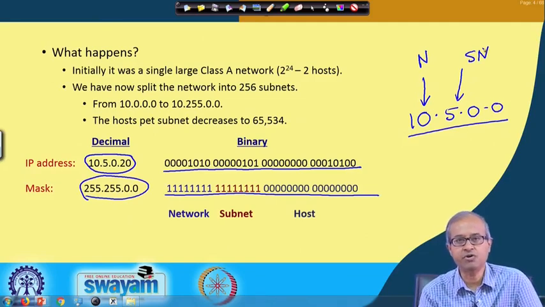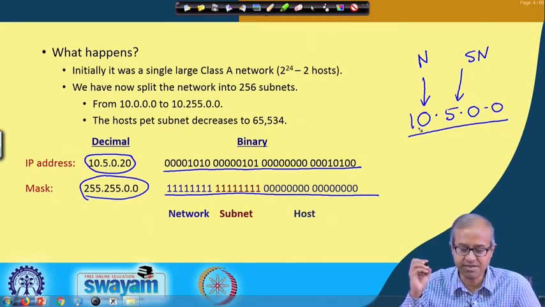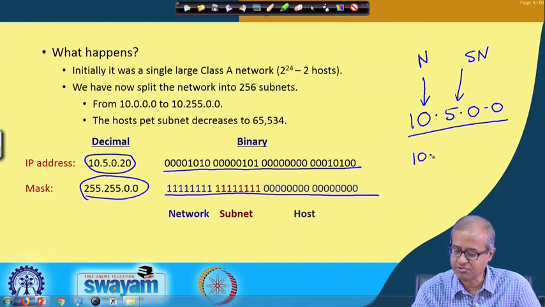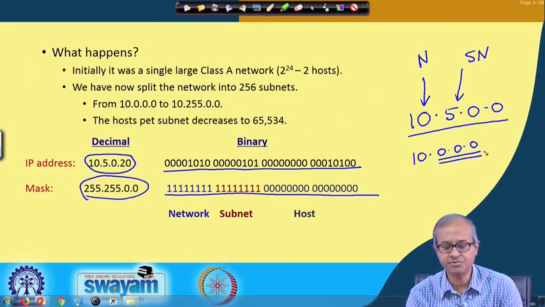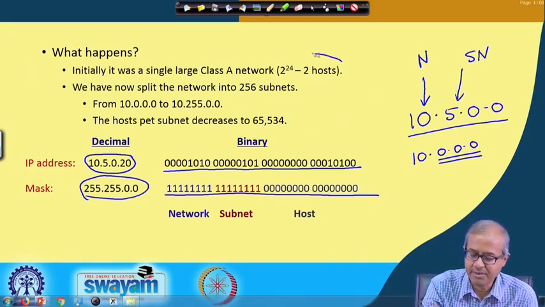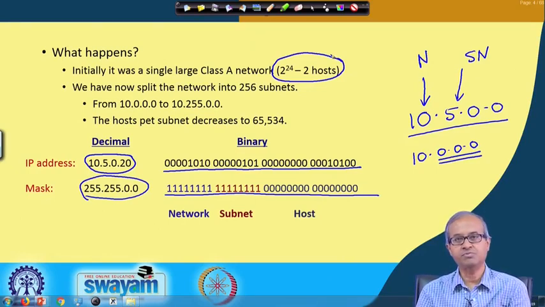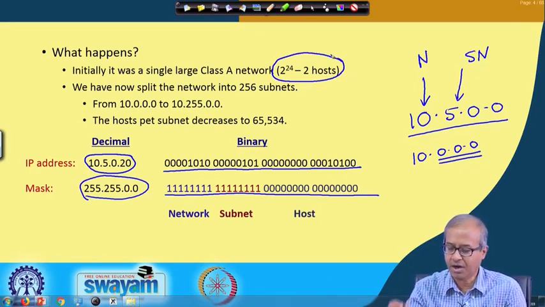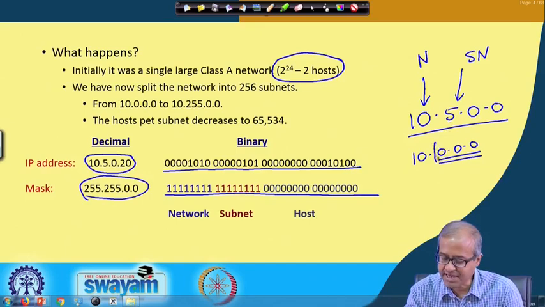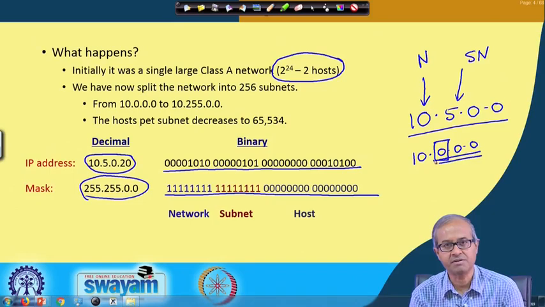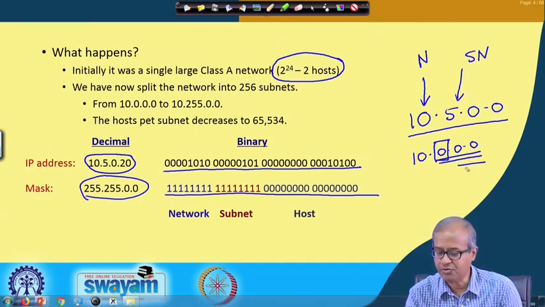So, essentially what we have done in a class A network, let us say 10.0.0.0, there were 24 bits for the host. So, you had a maximum of 2 to the power 24 minus 2 hosts possible, but now we are using this second byte to identify a subnetwork. So, you are left with only the last 16 bits.